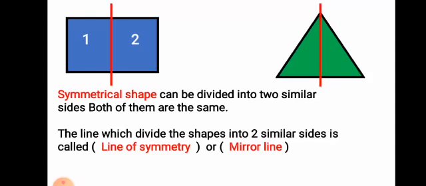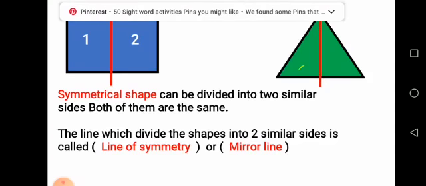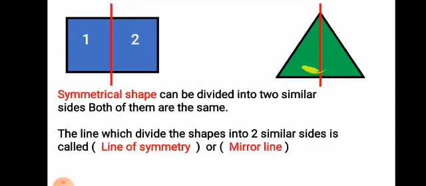Now, moving to our other shape here. We need to identify this shape also. What do you think? Is that a symmetrical shape? Very good. We need to divide this shape, then we will be able to determine if that is symmetrical or not.